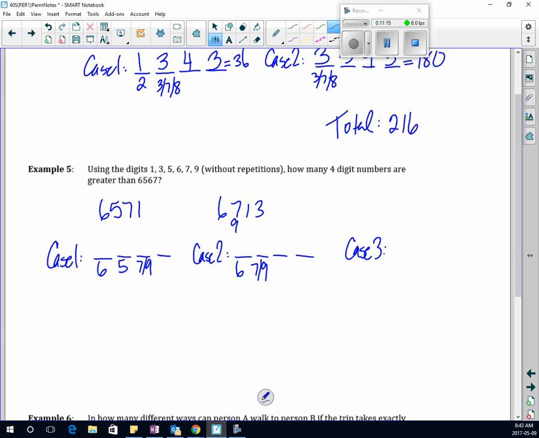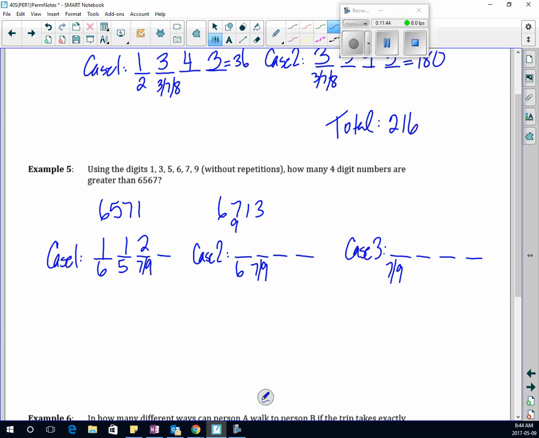Case 3, again, when you do cases, you have to describe the cases, and even just putting stuff underneath the blanks is describing it, but you can't just put numbers there and expect to get marks for anything. Okay, so what is case 3 then going to be? Yes, a 7000 or a 9000. Okay, so then we have 1, 1, 2.